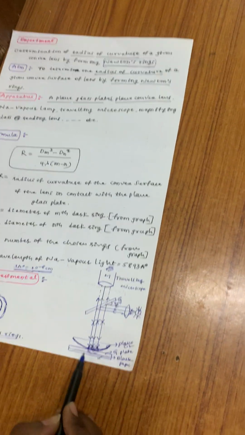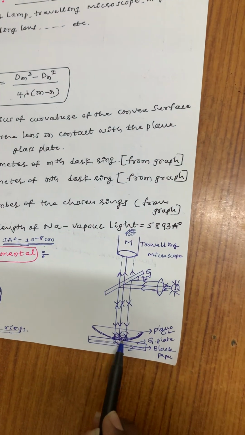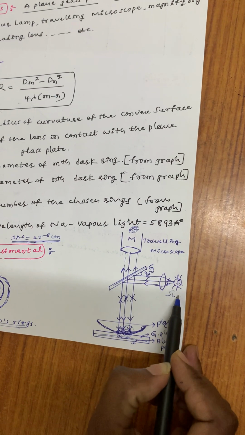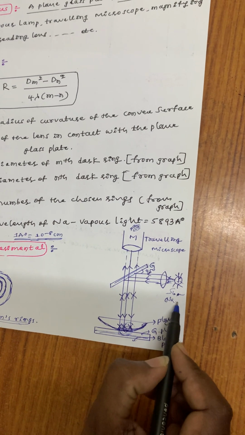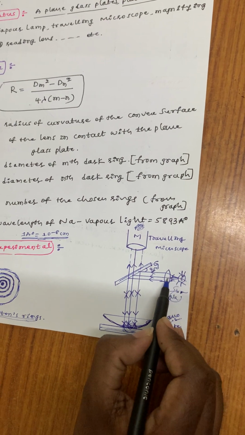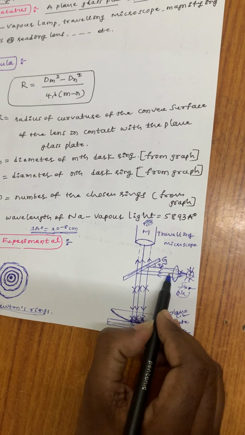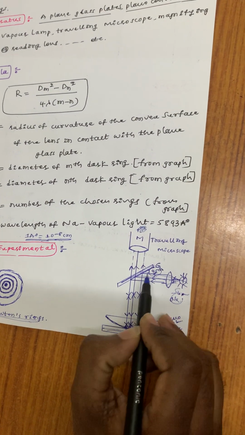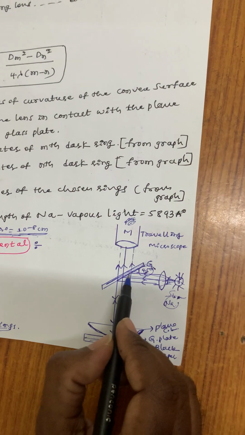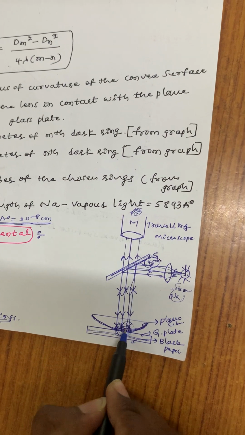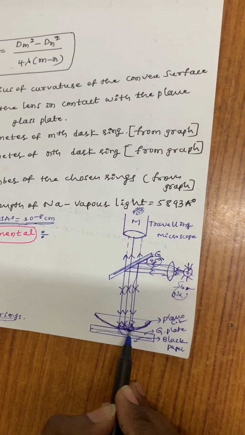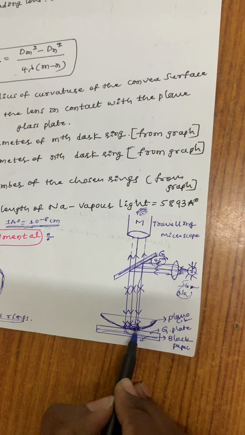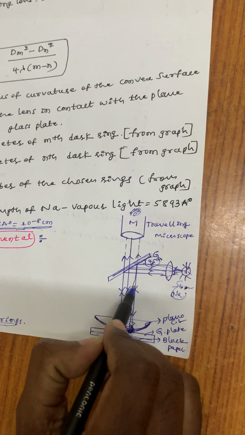In the diagram you have to see, this is a plain glass plate. Now the plano-convex lens, one glass plate I am taking. This is the source. Which source? Sodium vapor lamp. This sodium vapor lamp I am incidenting on the glass plate at 45 degrees. This reflected beam is incident on the bottom of the plano-convex lens and reflected back.